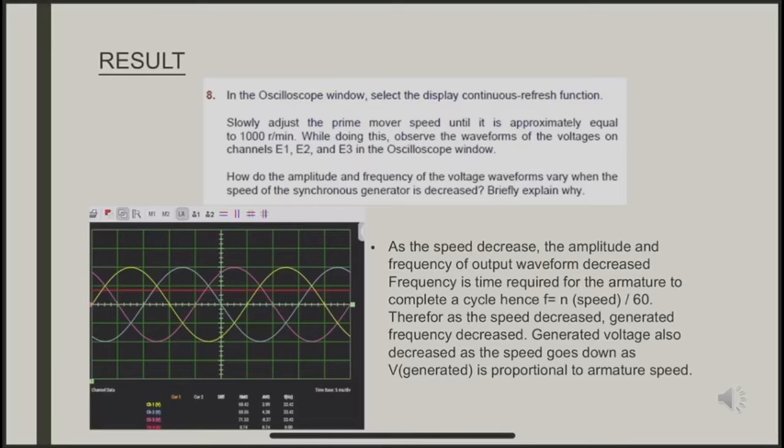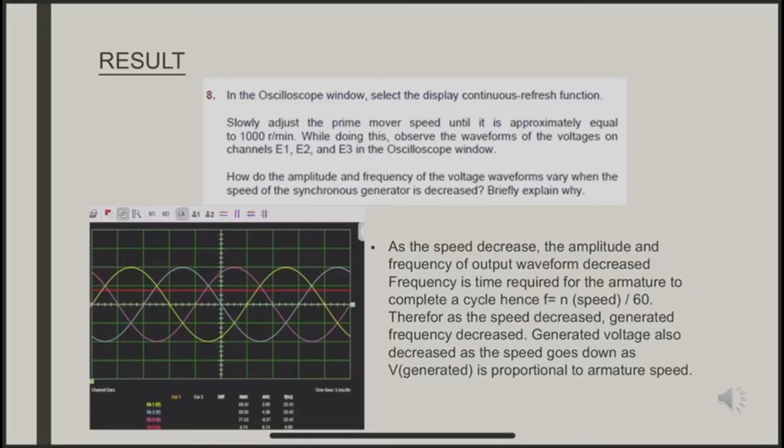For this lab, I will present the result for synchronous generator no-load operation. The waveform forms a sinusoidal shape, and the approximate phase shift between each of the voltage waveforms is 120 degrees.